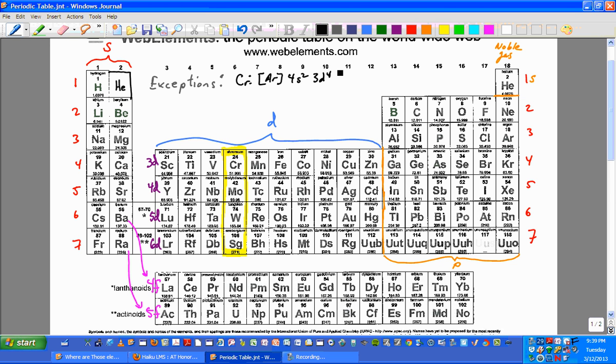What I want to do is draw an orbital diagram for these last two portions of the electron configuration. Let me make that a little bigger. I've got 4s, and then I've got 3d.